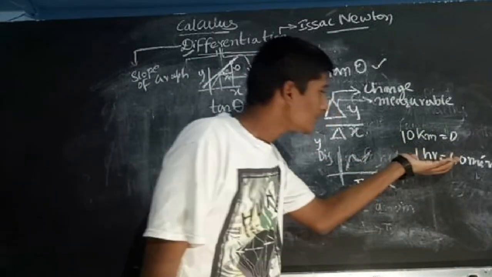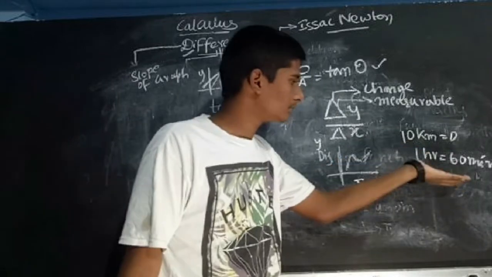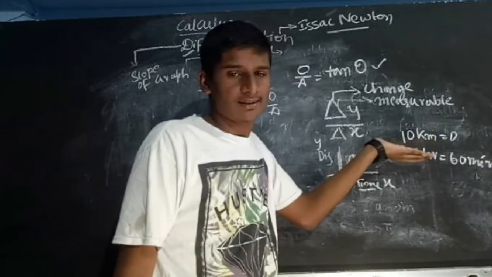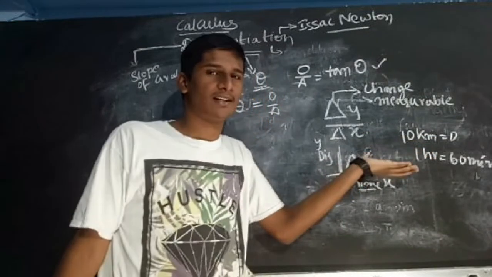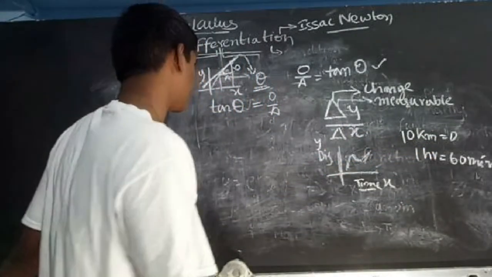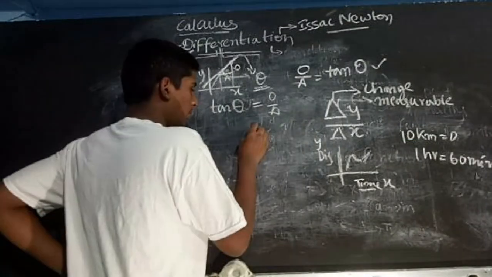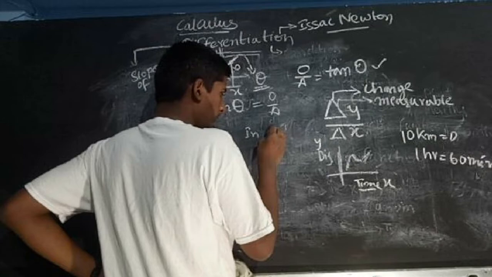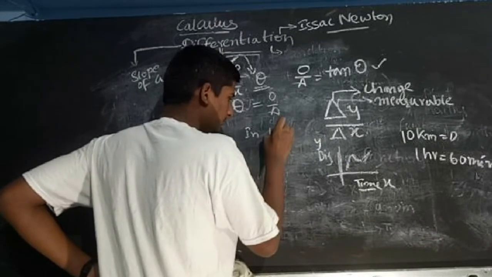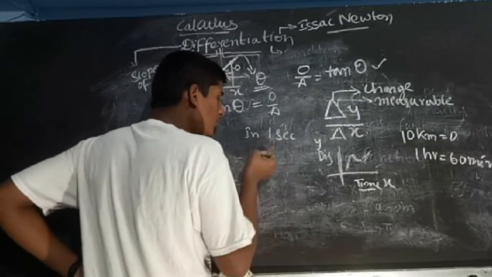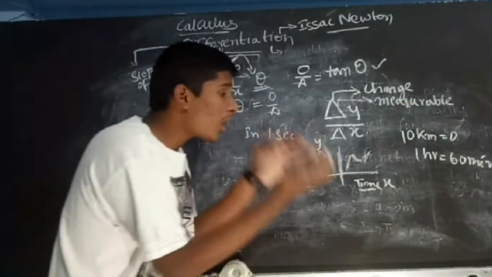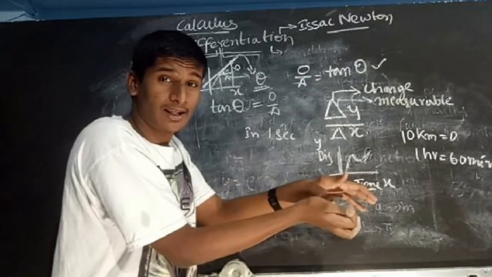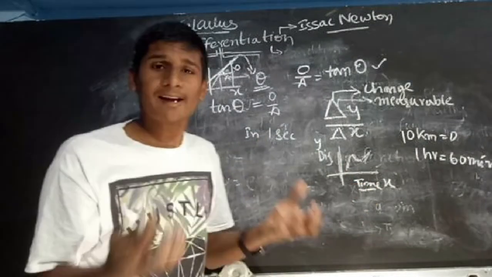They gave a certain interval, a certain time, that I can measure. But if they ask, in 1 second, how much the object is traveling, how much distance it is covering, I can't find it out.